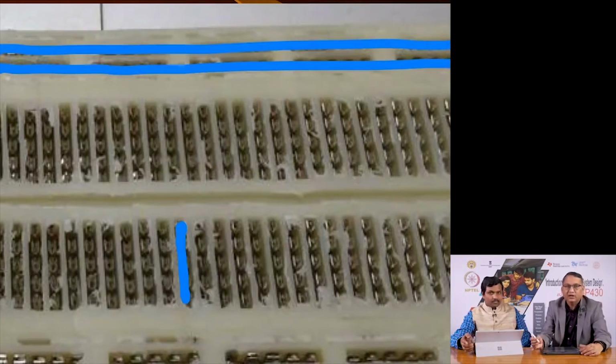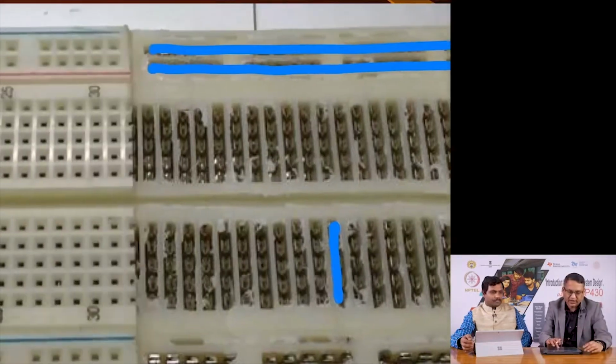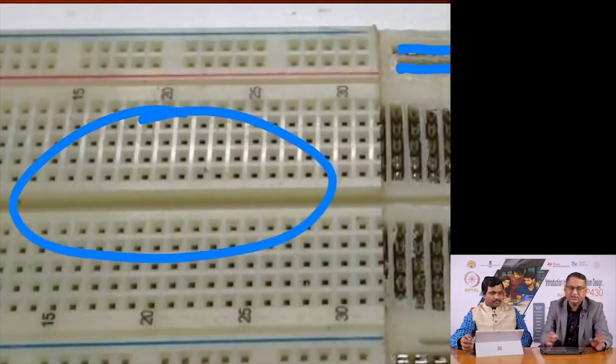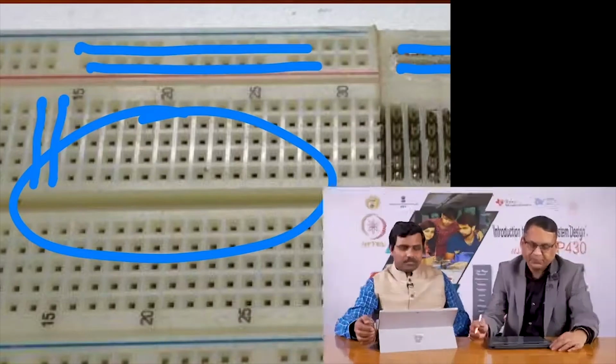So, this is what lies underneath the holes in the plastic insulating form here. Underneath this is nothing but rows of copper connections which make connections in the vertical as well as in the horizontal holes.